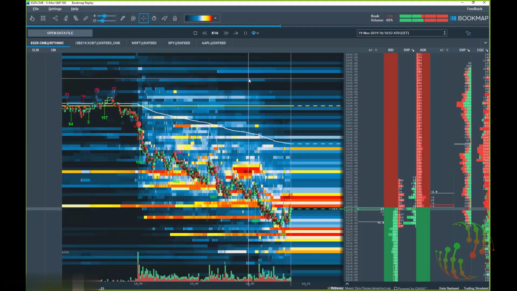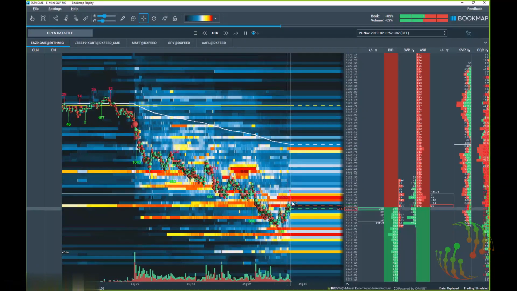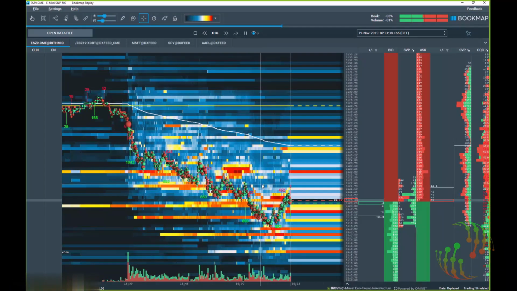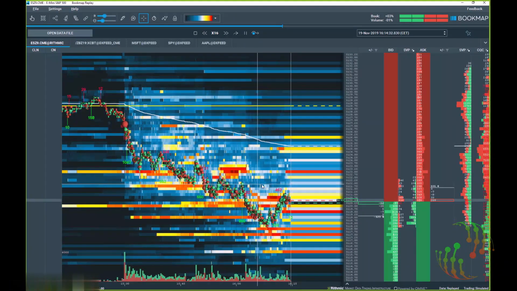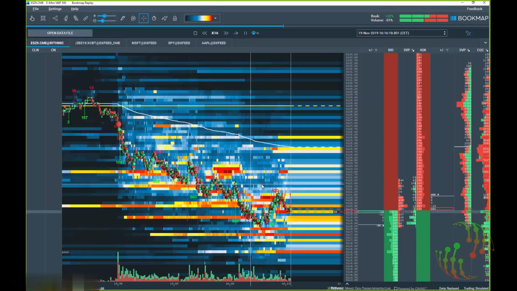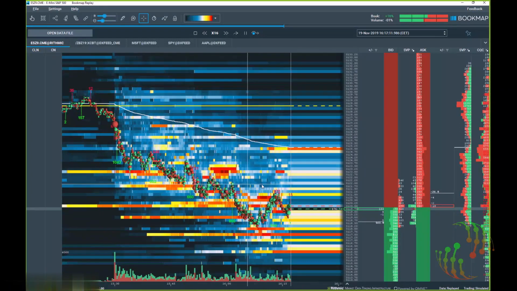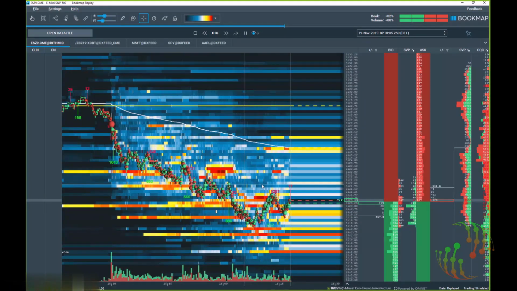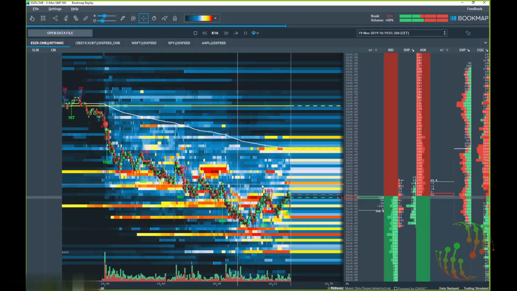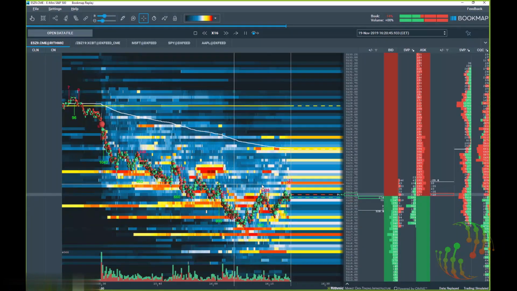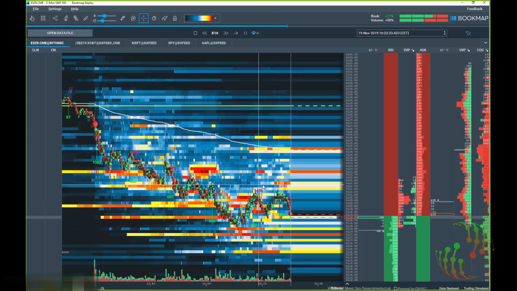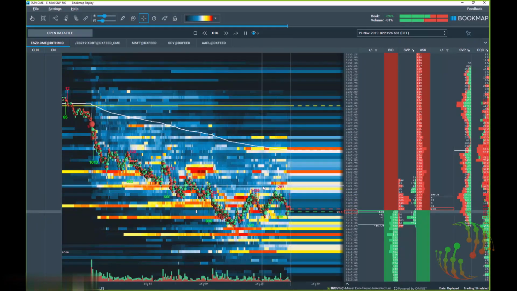Let's do it a little bit faster. They are seeking liquidity here. I don't know, what was the low yesterday?